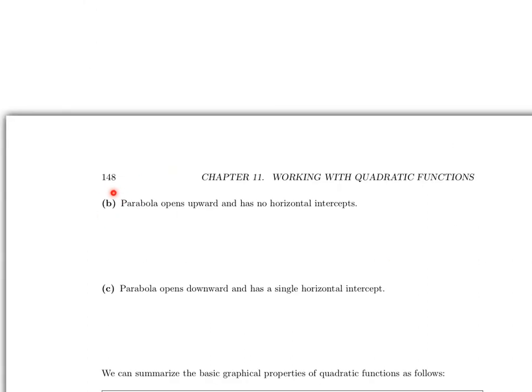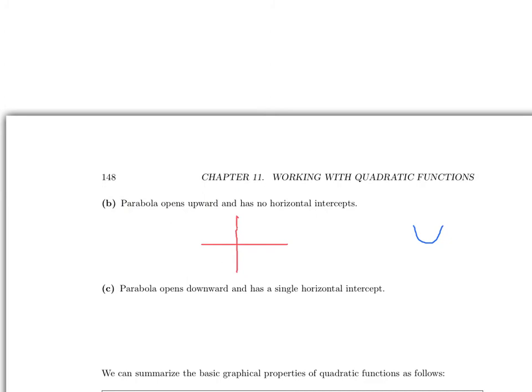Okay, now let's look at part B. Now we want to draw a parabola that opens upward and has no horizontal intercepts. So again, we begin by drawing some axes. This time we want a parabola that opens upward, so it has to have that basic shape.